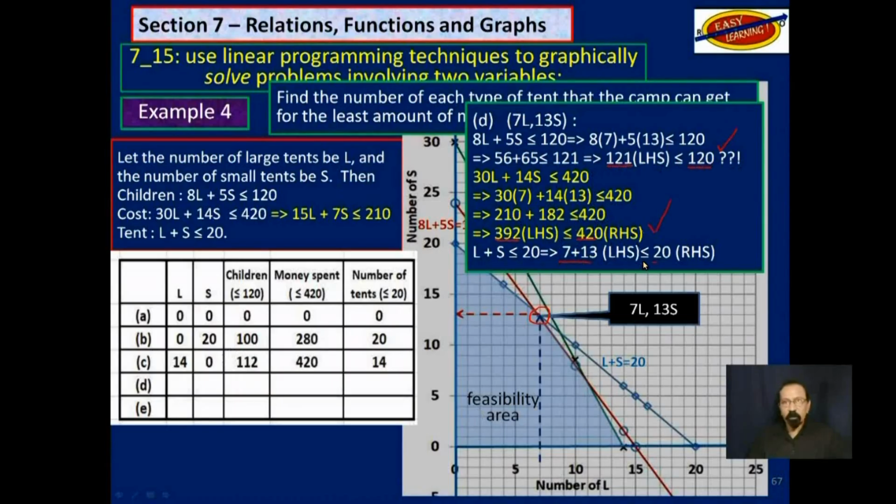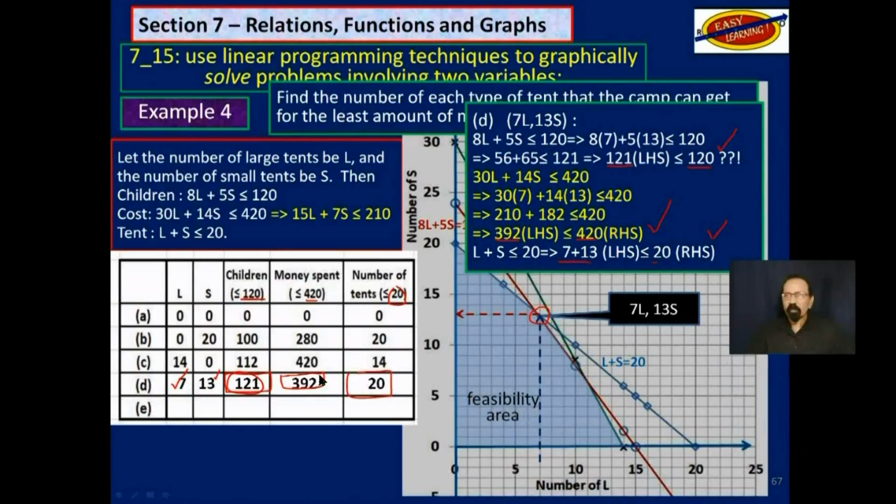So all of those seem to be in place. 7 large tents, 13 smaller tents will accommodate 121 children. We need to accommodate 120, so we have 1 extra space. Our budget, money spent, $392. We had 420, so that's fine. We are allowed up to 20 tents, and we have just that amount. So this here seems to be fine.